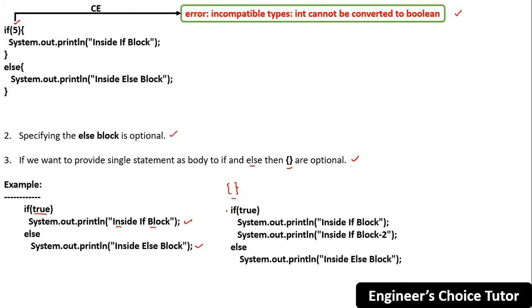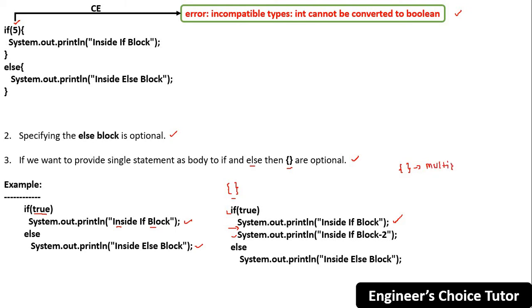Next, see here. What you're doing is, if the condition is true, it means execution will take place. This will execute, right? But what will happen when the compiler checks this? The compiler thinks, okay, he is only using the if, not else. He is using the if, and the if ends here because you are using another statement. And what is the rule? You can use curly braces if you have multiple statements, right?